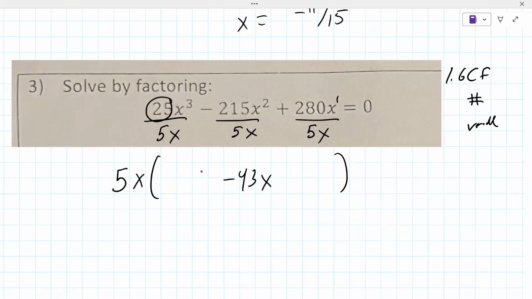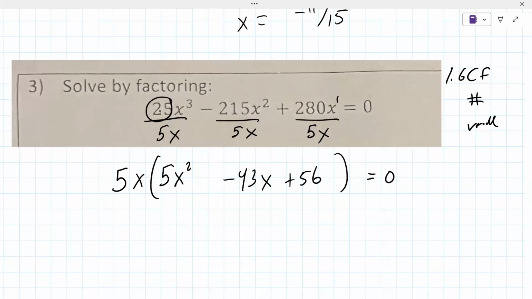X squared in the front. What about the 25 divided by 5? X squared. Agreed, but what about 25 divided by 5? That's not 1. Oh, 5. And then 56 at the end.